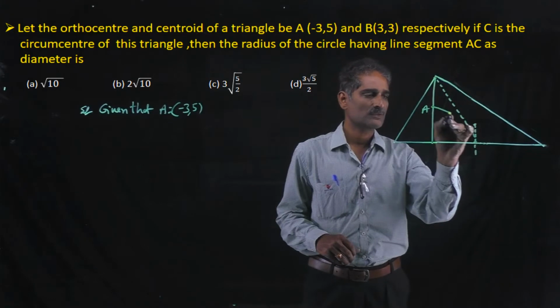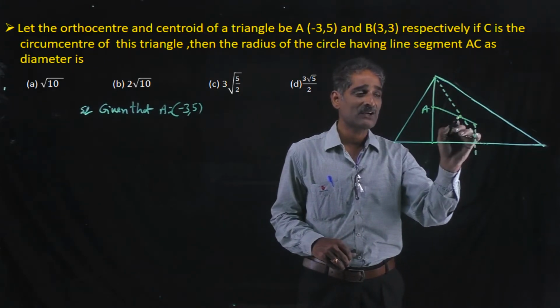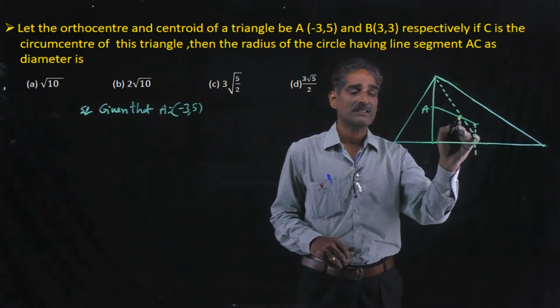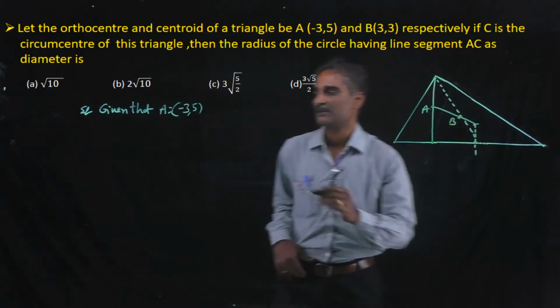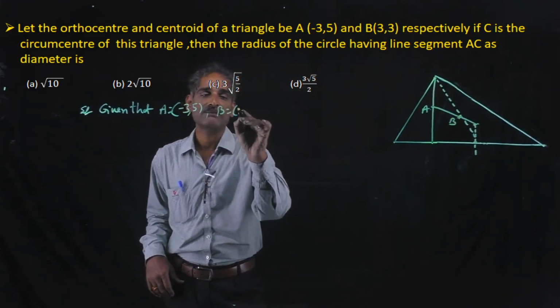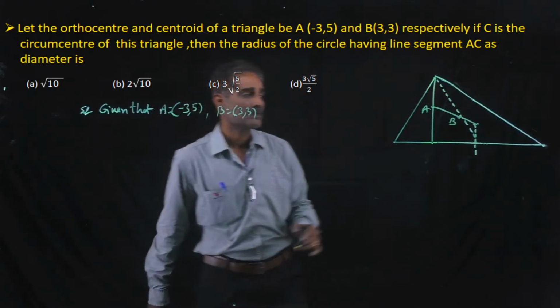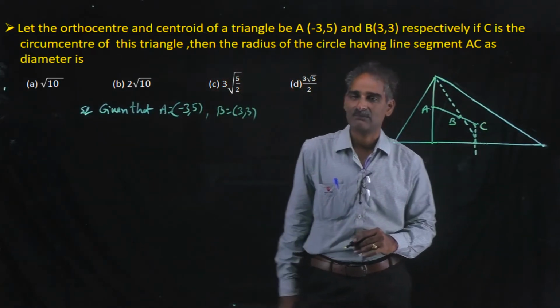So we know that the orthocenter, centroid, circumcenter. Let us take this is equal to B, centroid, given that B is equal to 3, 3. Now given that C is the circumcenter.